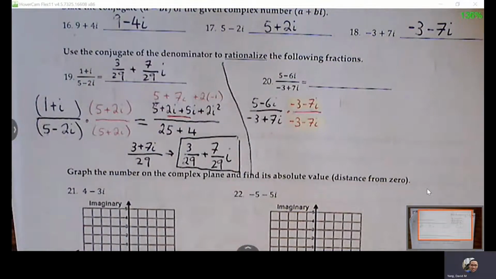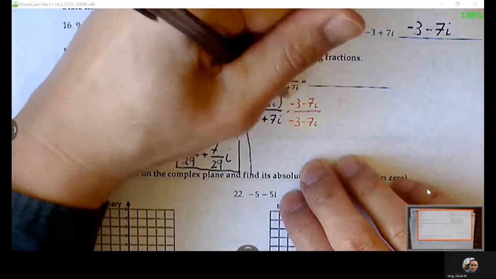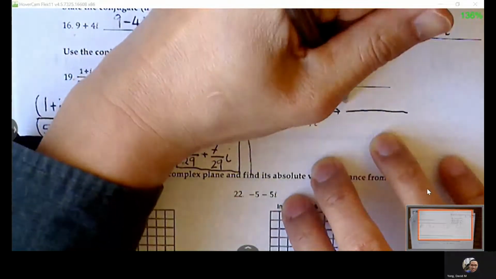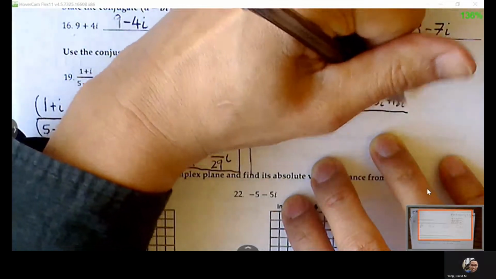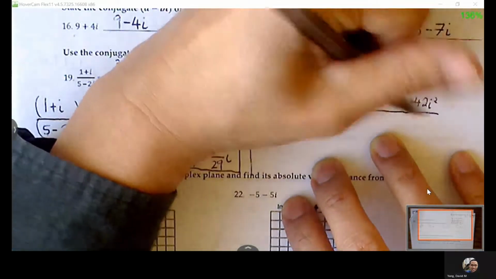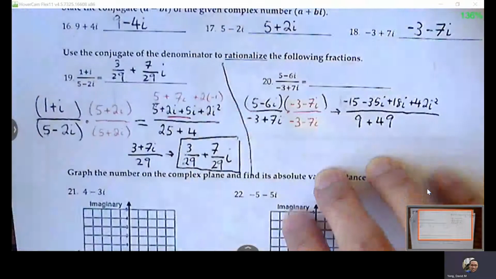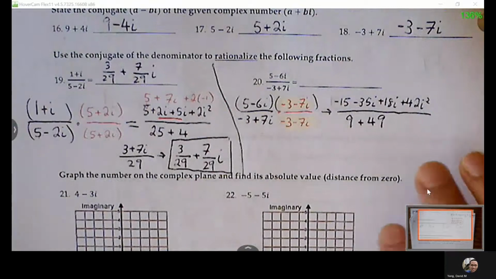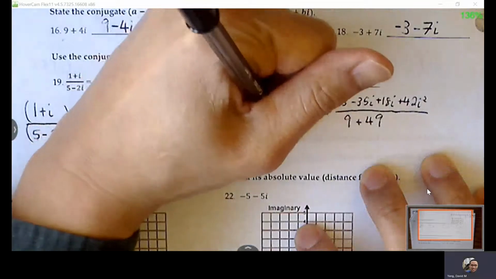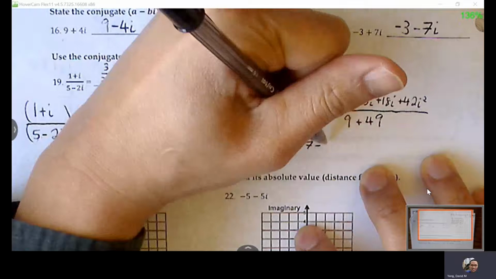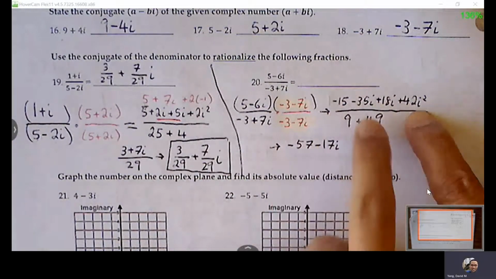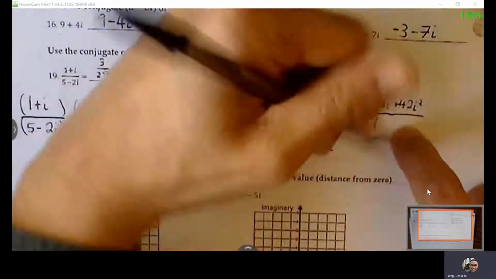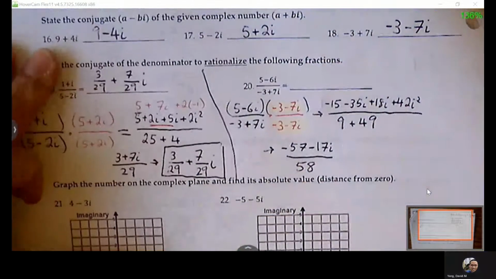Okay, we're multiplying by the conjugate of the denominator, not the numerator. -15 minus 42 is -57, and -35 plus 18 is -17i. Okay, we can break this into separate fractions.